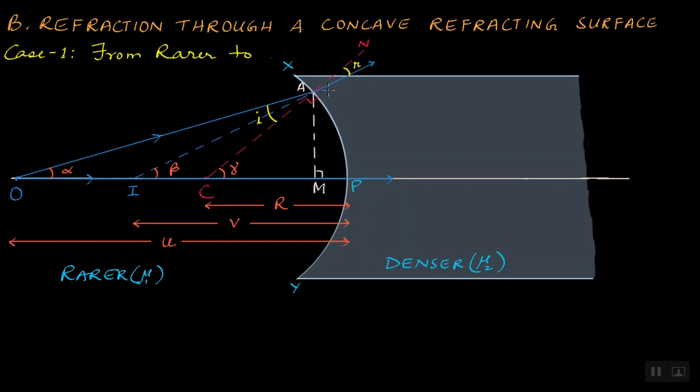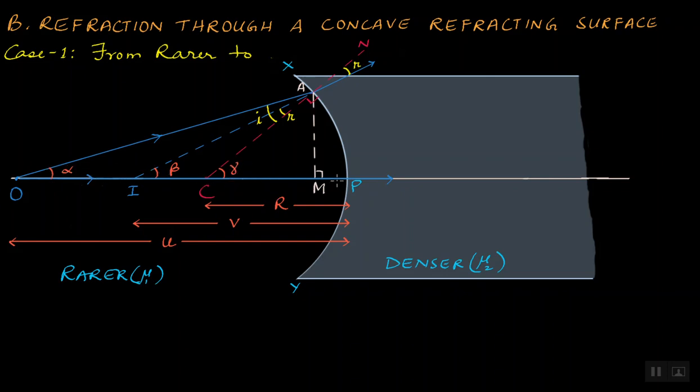This ray out here is the refracted ray, and the angle between the refracted ray and the normal, this small angle out here, is the angle of refraction. Now from the figure it is very clear that this angle and this angle are the same, so this also will be the angle of refraction. From point A we drop a perpendicular onto the principal axis, and we name these angles alpha, beta, gamma.